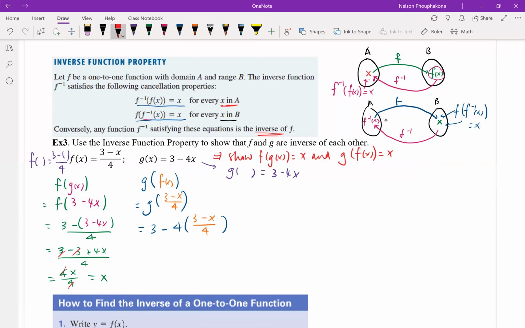Now of course you will see that the 4 and 4 cancel. So I will have 3 minus x.